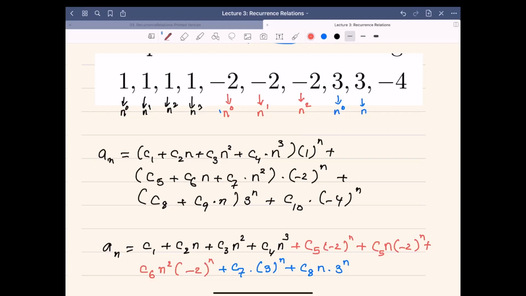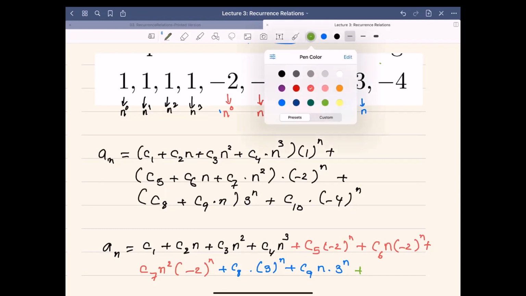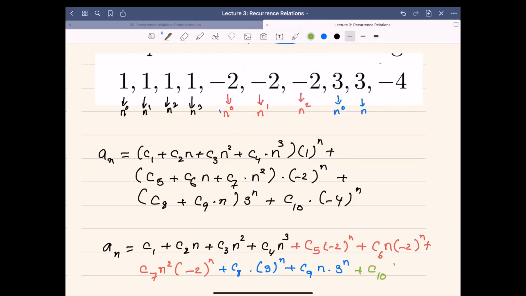I think I am missing one in the numbering, so the constants should be shifted as corrected. And finally, for the last one, it will be c10 multiplied by minus 4 raised to power n.